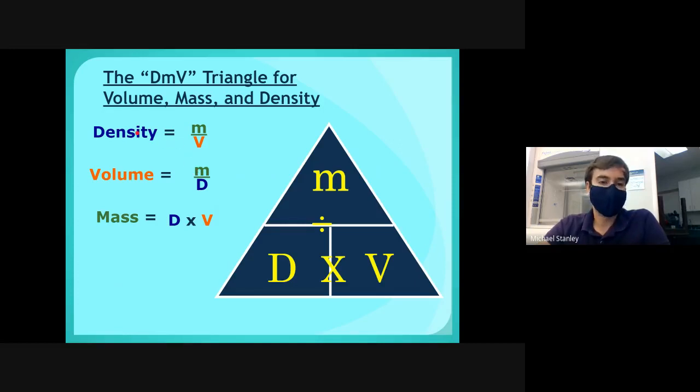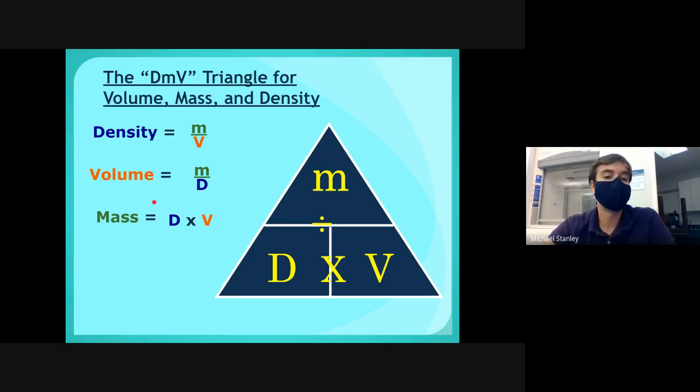If density is mass divided by volume, m over v, then if I know my mass and I know the density already, I can figure out the volume. So if I knew that the mass of my computer mouse was 100 grams, and the density was 2, then I could calculate the volume of my computer mouse to be 50.